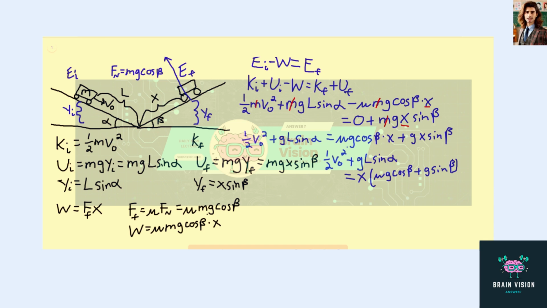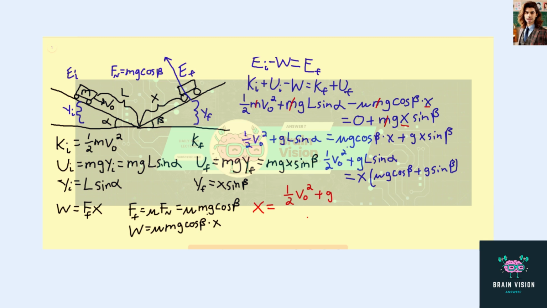So our final answer, once we divide out by the factor, is x equals 1/2 v naught squared plus g times L. Oh, excuse me. Sorry about that. The tablet's acting up again. All right, where was I? Yes.